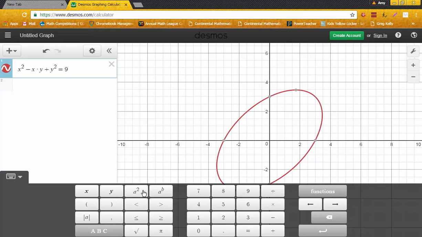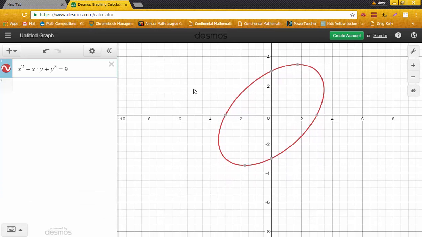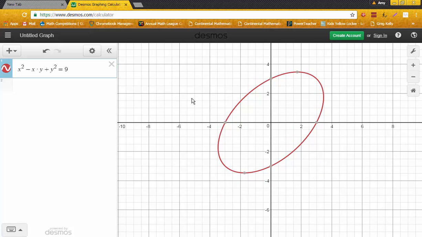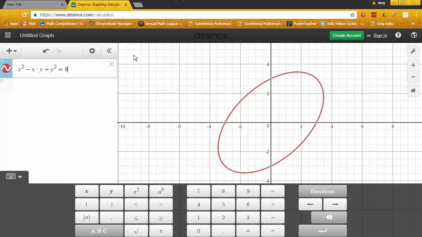There it is. What does that look like? An ellipse, yes? Remember, our ellipse was x squared plus y squared equals 9, right? That would be when it's horizontal, like this. What does the xy term do to it? It rotates it.